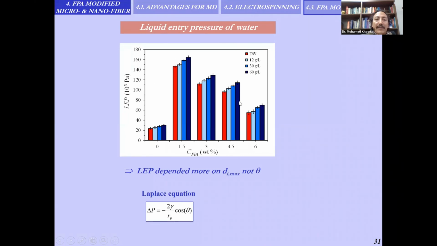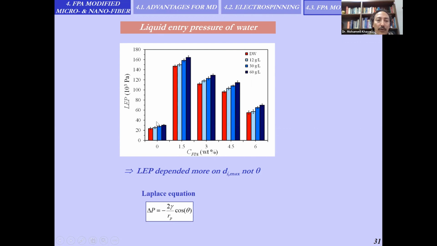Yes. And we can see here the liquid entry pressure of water: the reduction of the liquid entry pressure of water with the increase of the concentration of PI. This is associated mainly to the increase of the maximum interfiber space rather than the superhydrophobic character of the membrane.